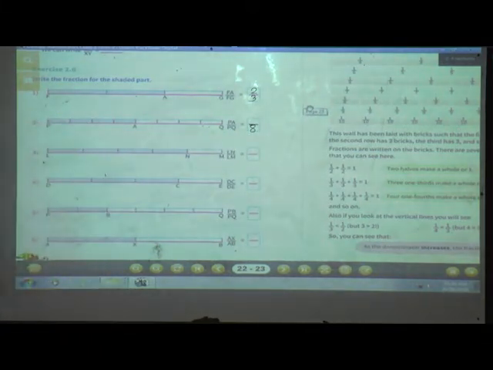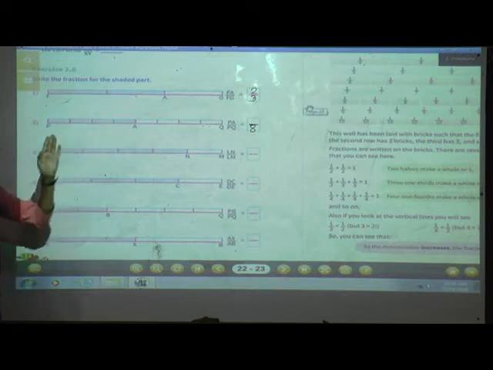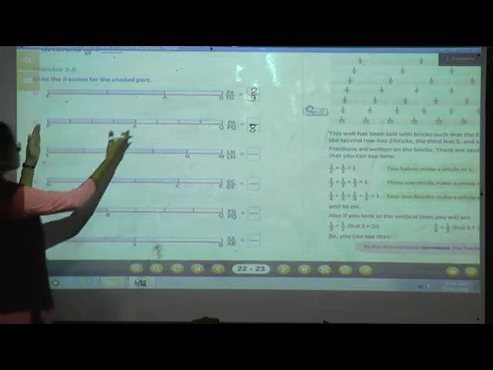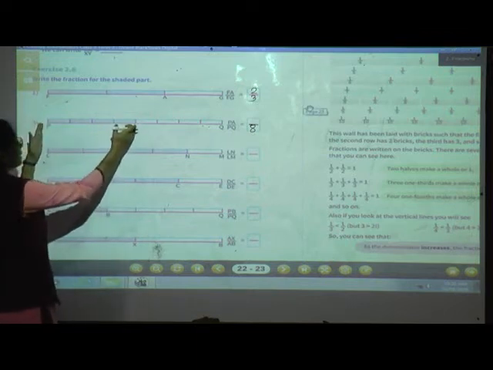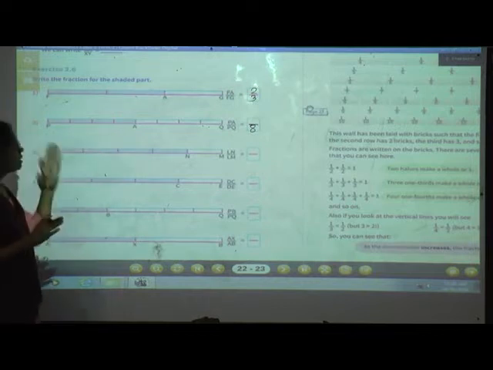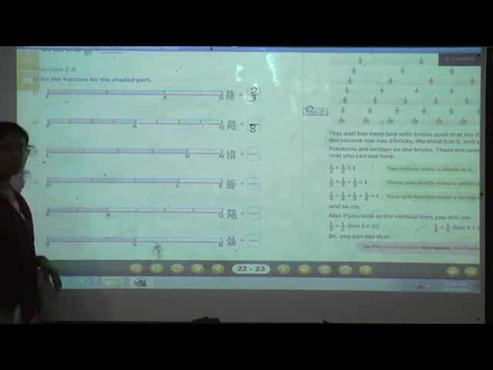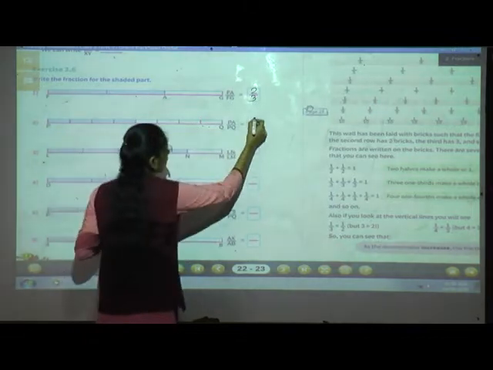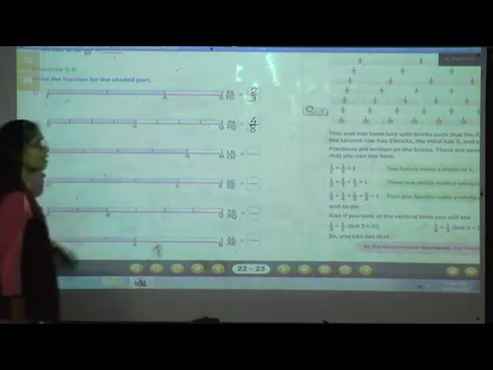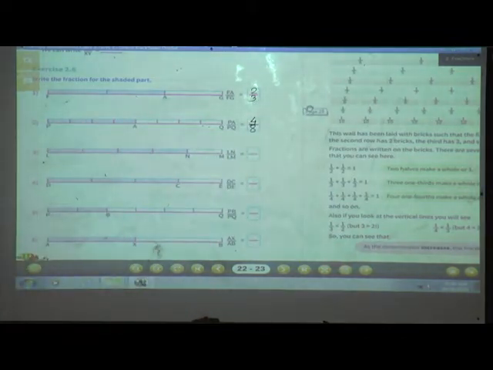Now out of that 8 parts, 1, 2, 3, 4 parts are shaded. See, this is the PA. PA means shaded parts. 4 parts are shaded. So PA upon PQ, the fraction of the shaded part, is 4 by 8.